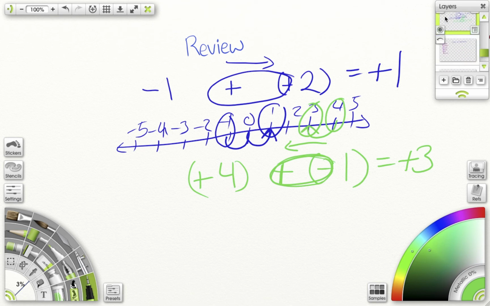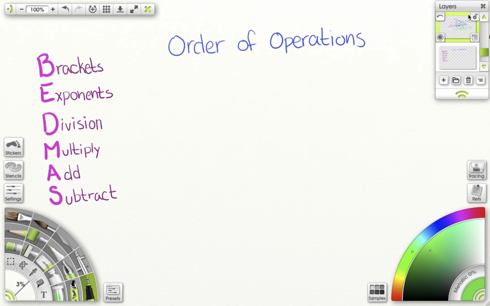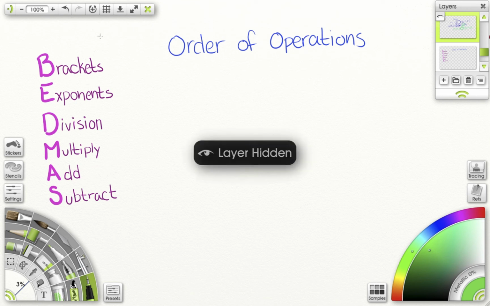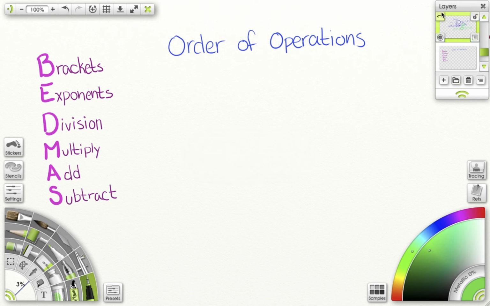So we are doing order of operations. Another word you'll see for it, or the acronym you see for it a lot, is BEDMAS. This is, of course, how you solve problems in order.